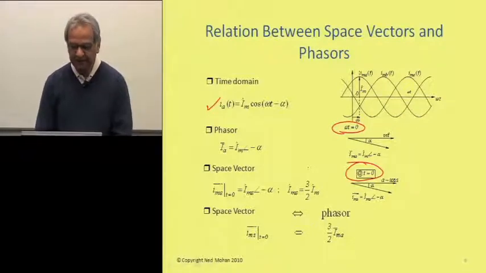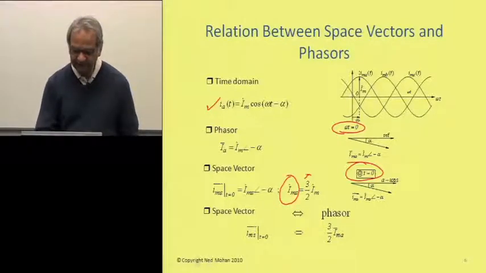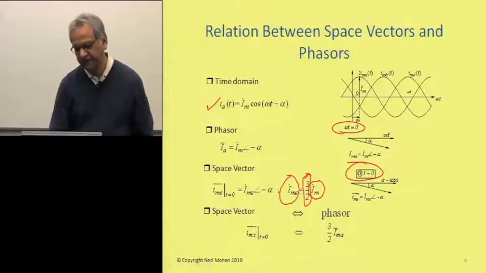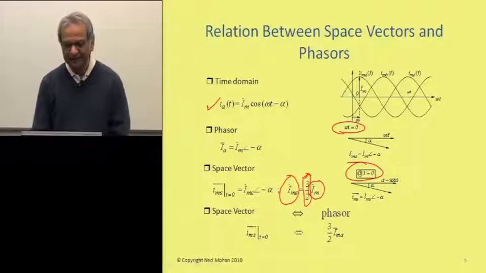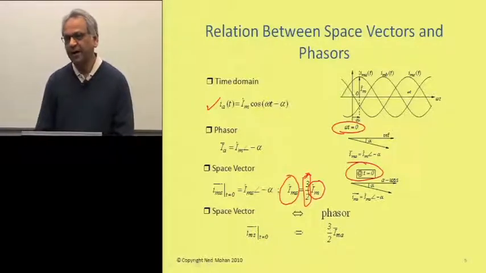And mathematically, we can see that the amplitude of the stator current space vector is, not 3.5, but 1.5 times, 3 over 2 times the amplitude of each of the phase currents here. So that's the relationship between the amplitudes of the phase quantity and the combined space vector quantity.